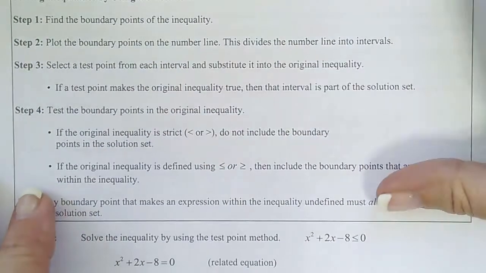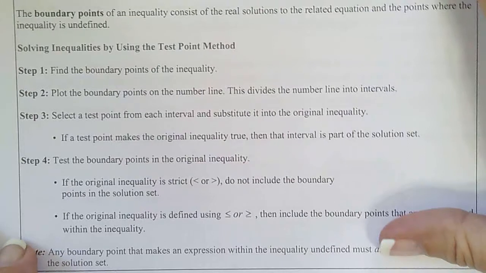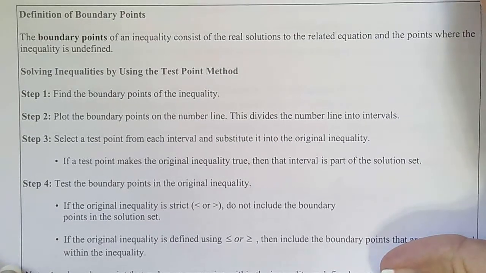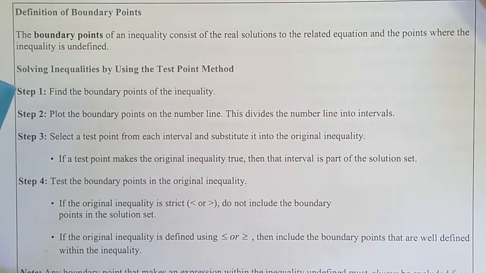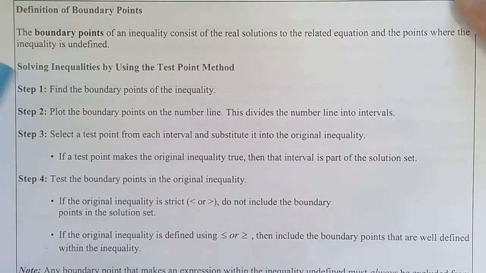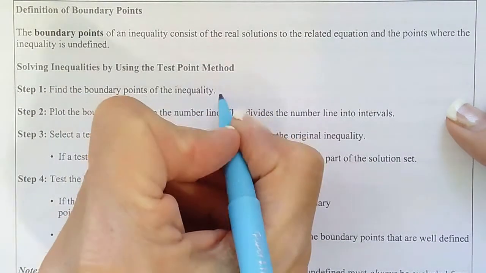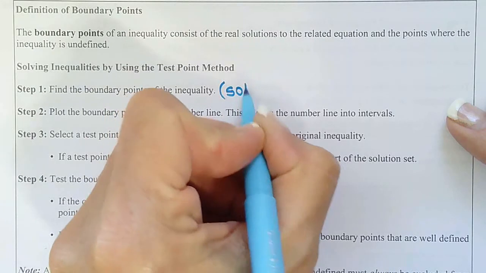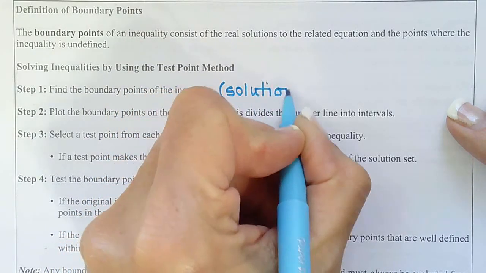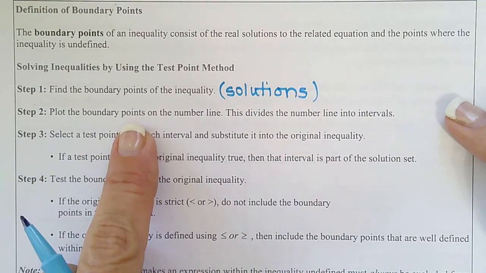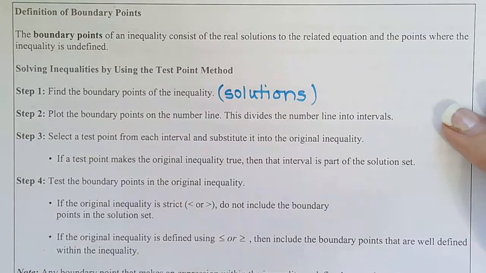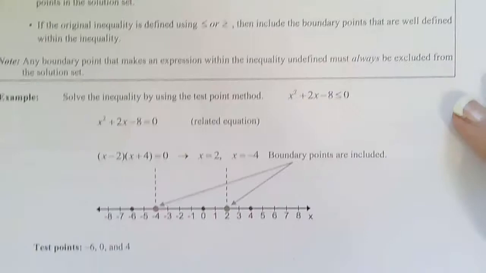Okay, so solving the inequality by using the test point method. So this is what they're going to show you in 150. We're going to do a couple with this. Mostly we're going to be drawing parabolas today, but we will do a couple with this. So first we find the boundary points. So this would be the solutions. And then we plot the points on a number line. So we don't have to draw a graph. We can just do a number line like they did down here.